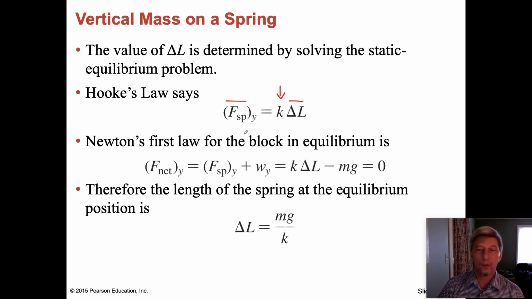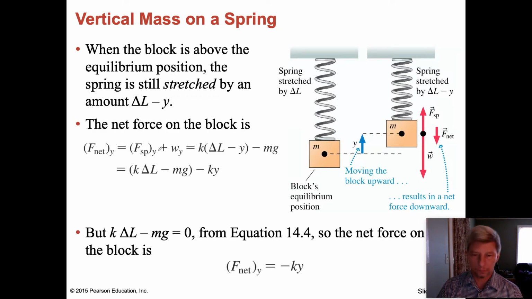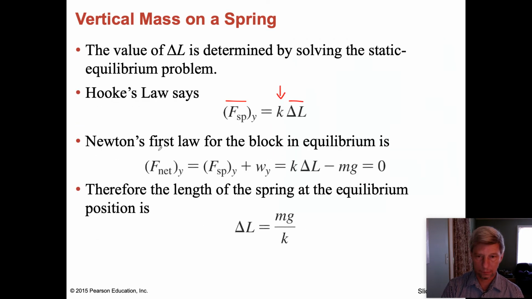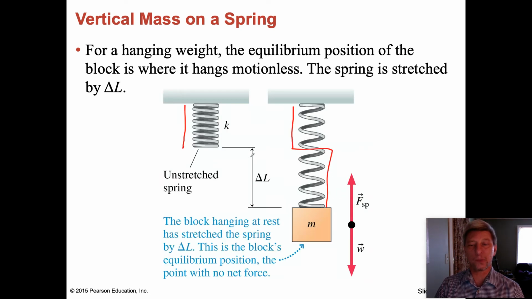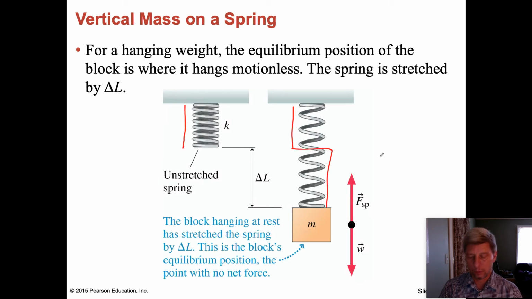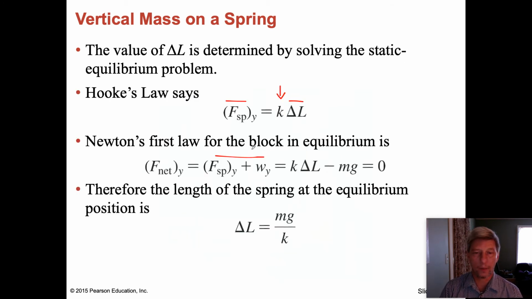We know that the net force is going to equal the force of the spring plus w, and we're going to set that equal to 0. The force of the spring is equal to the spring constant times the displacement, and the weight is equal to m times g.